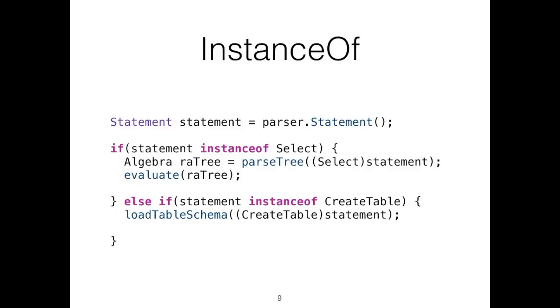So in this case, for example, if statement is a select statement, then it gets cast to a select statement, and that gets processed in some way. Okay. Any questions on anything up to this point? All right.